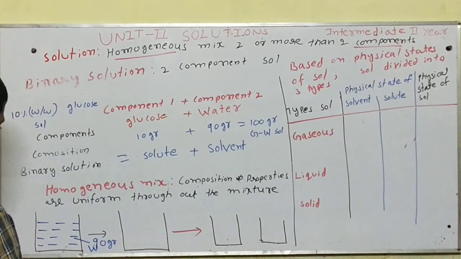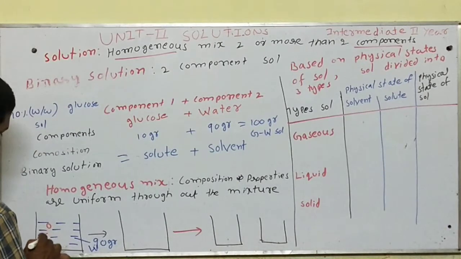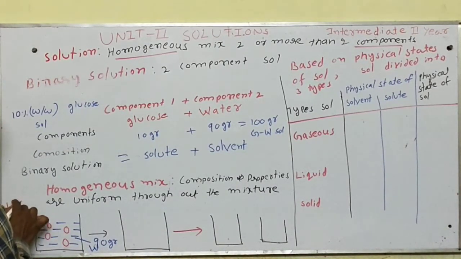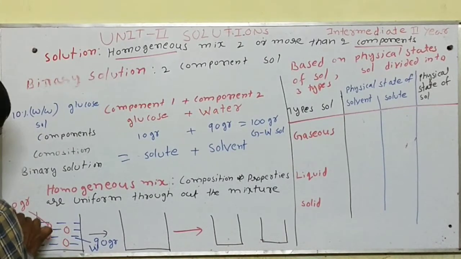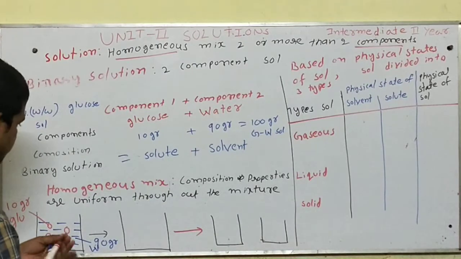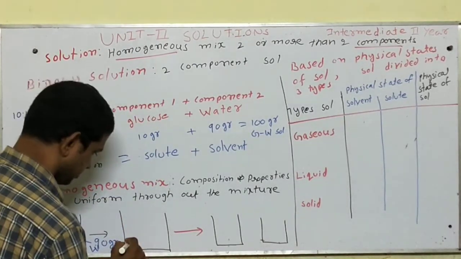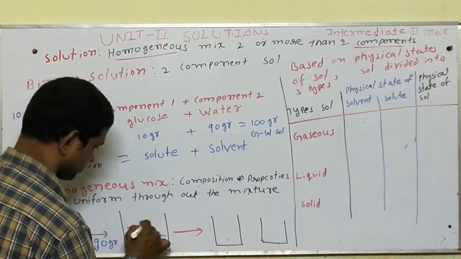To this I am adding 10 grams of glucose. If I mix it well, I will get a homogeneous mixture.